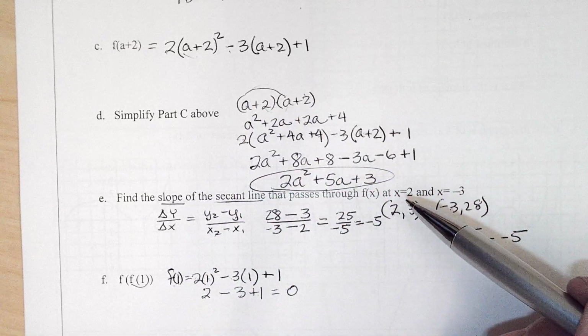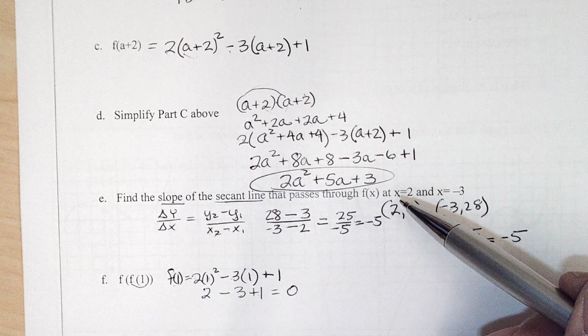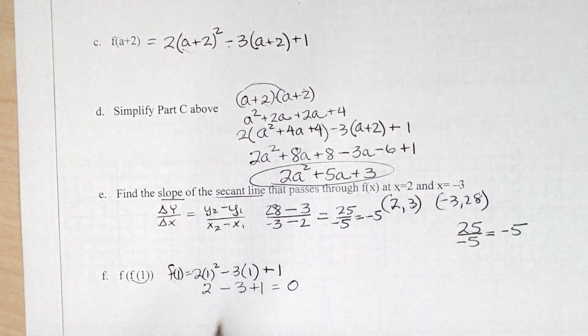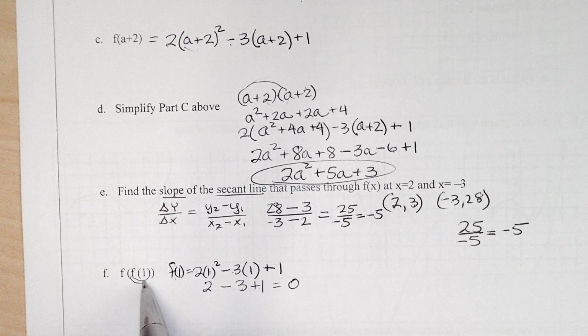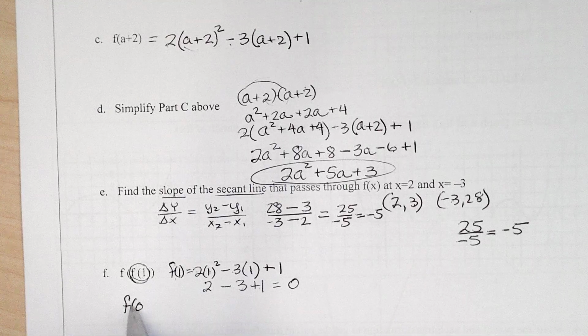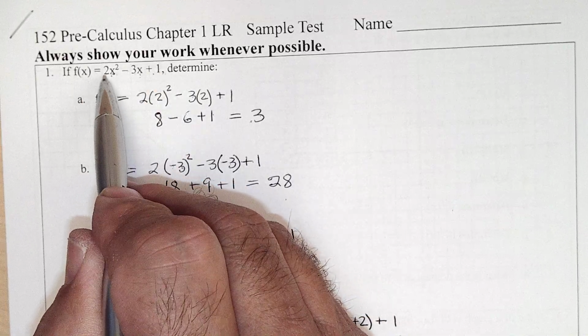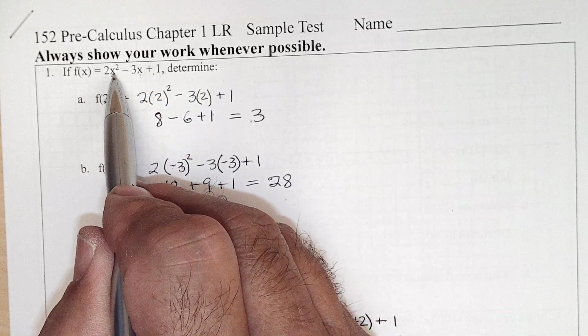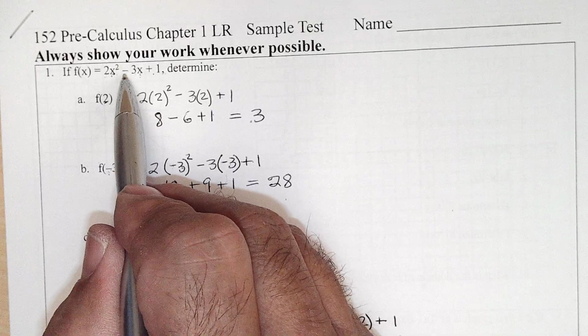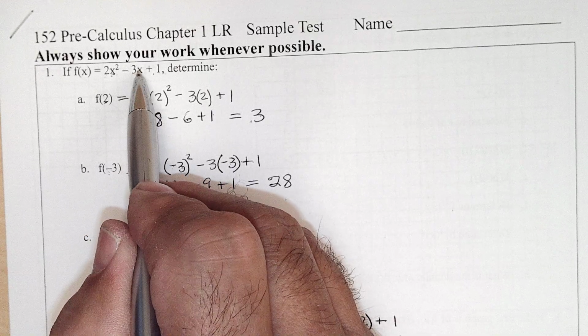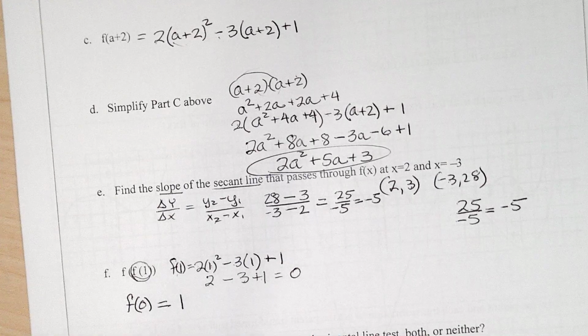Did I do that right? 2 minus 3 plus 1 is 0. Okay, so that's what this part is. So now I got to figure out f of 0. So I got to put 0 in for all my x's. So 2 times 0 squared is 0, minus 3 times 0 is 0, plus 1, so I'm going to get 1.